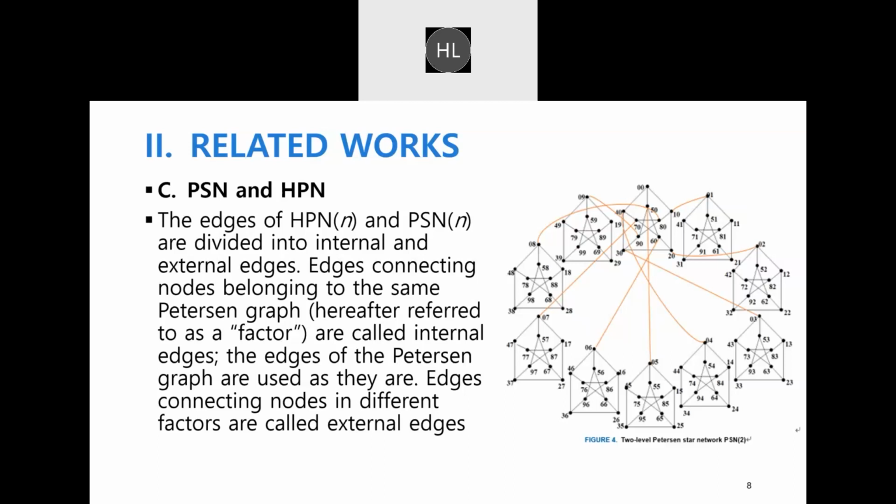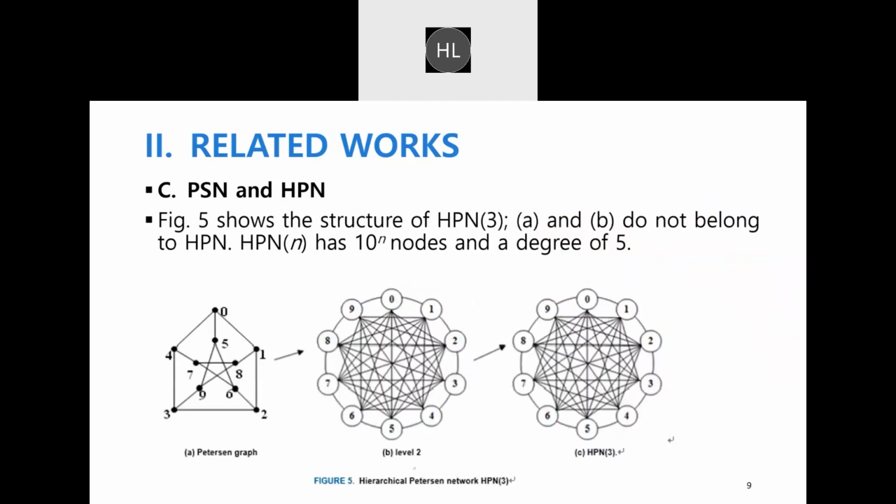And edges connecting nodes in different factors are called external edges. Figure 5 shows the structure of HPN3, and figures A and B do not belong to HPN. HPN-n has 10 to the power of n nodes and a degree of 5.